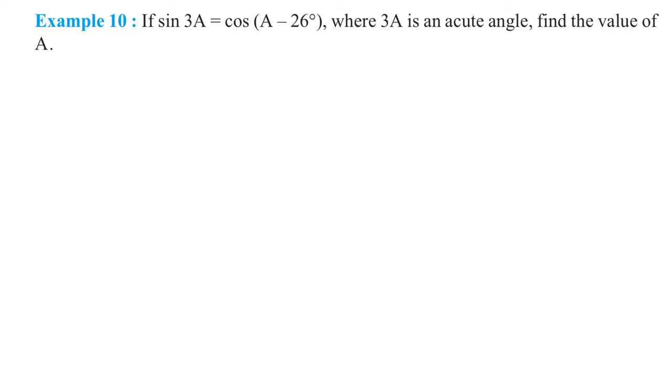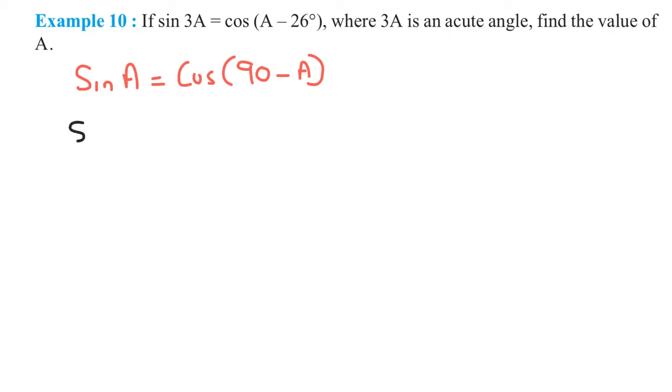Let us try this. If sine 3A is equal to cosine A minus 26 degrees, where 3A is an acute angle, find the value of A. Okay. We know that sine A is equal to cosine 90 minus A. We know that from the complementary angles.